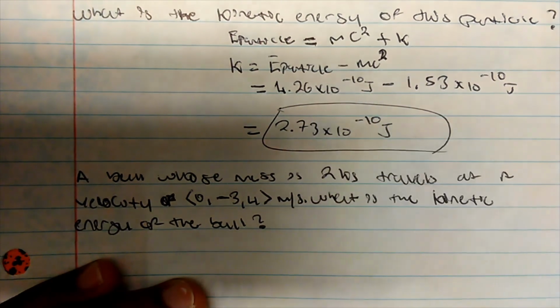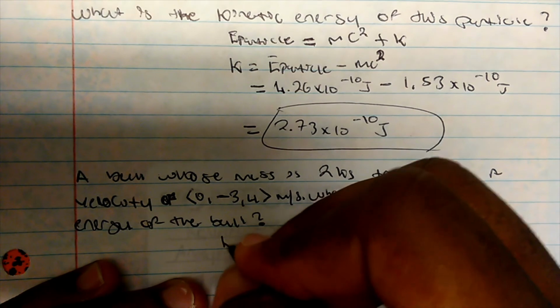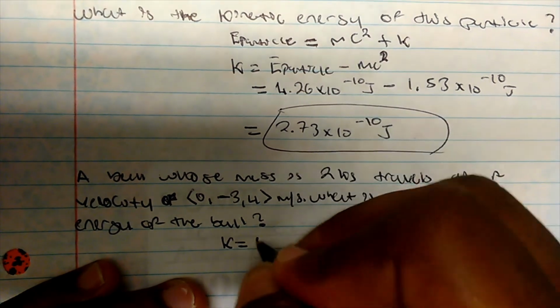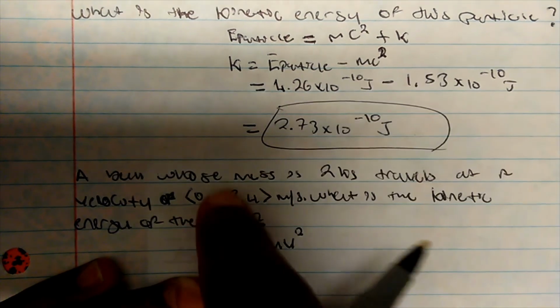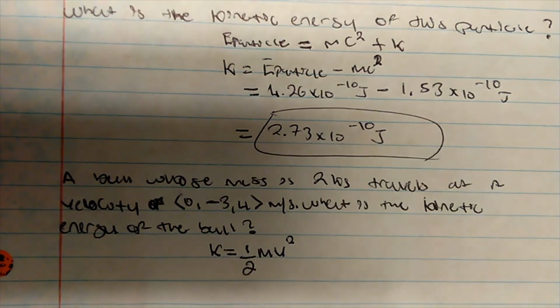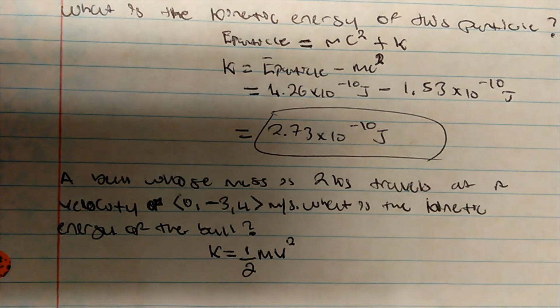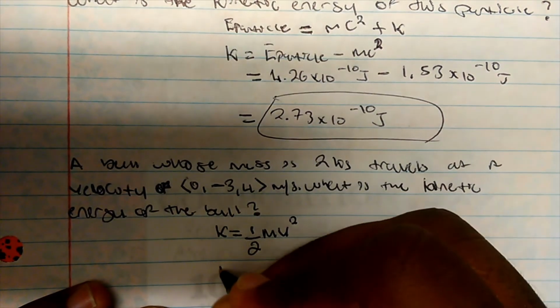They're not vectors, okay? Energy is not a vector, and so the kinetic energy of any particle is just 1/2 mv squared. But in this case, I have to take the magnitude of this velocity. And so if I take the magnitude of this velocity, this becomes the square root of -3 squared plus 4 squared, and the magnitude will be equal to about 5.